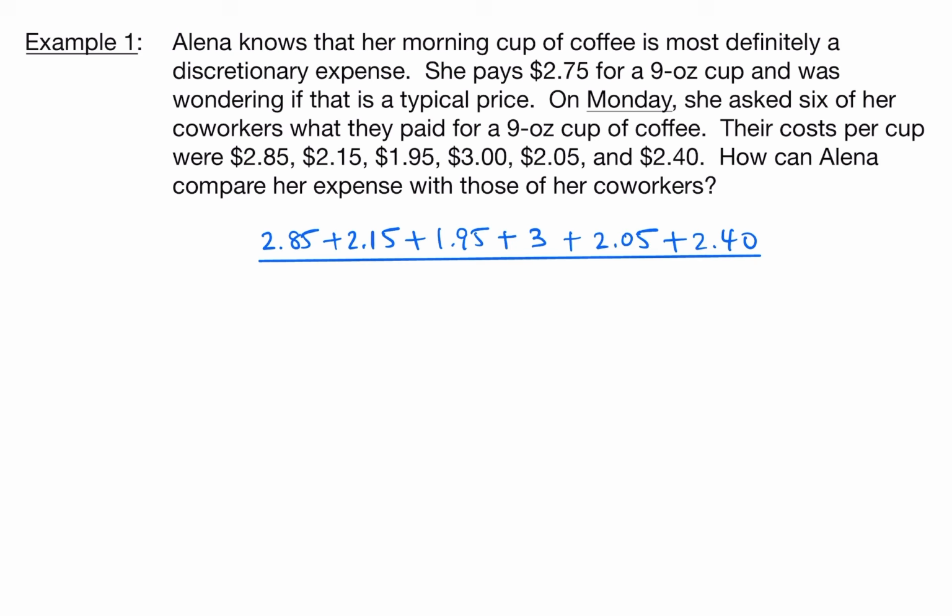So we're going to divide all of this by 6, and when we do, we get $2.40. That ends up becoming our average, okay? So as you can see, Elena, who pays $2.75, is probably paying more than she needs to, because on average, her colleagues are paying $2.40. So she's obviously paying for a cup of coffee from someplace that is a little bit more on the expensive side, okay? So this is how we can compare our expenses versus others.